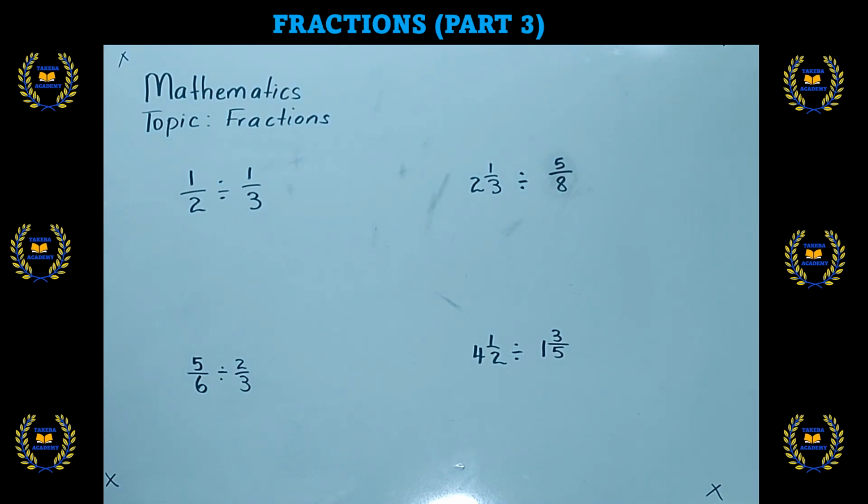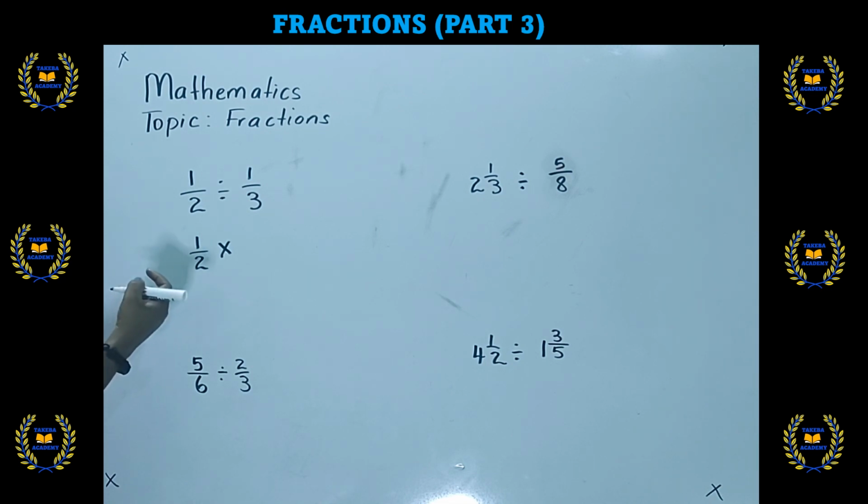The first thing we have to do is write back the first fraction that doesn't change, then we change the sign to multiplication, and because we're changing the sign to multiplication, meaning we're doing the opposite of division, we also have to change the second fraction.